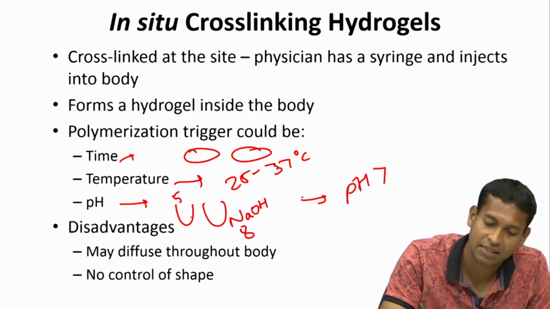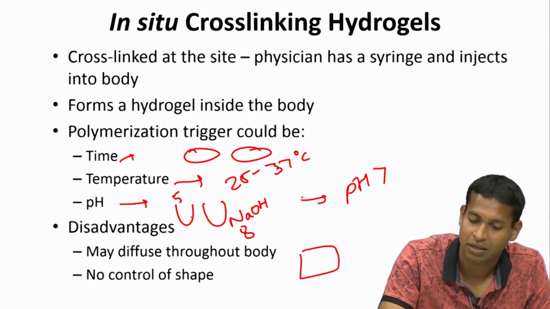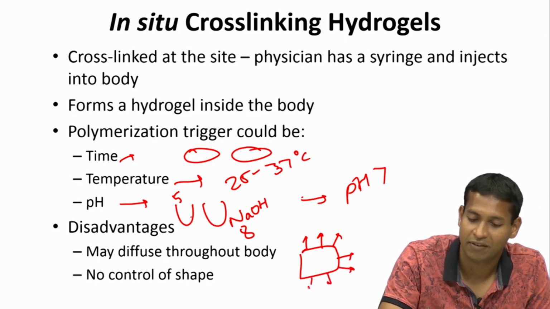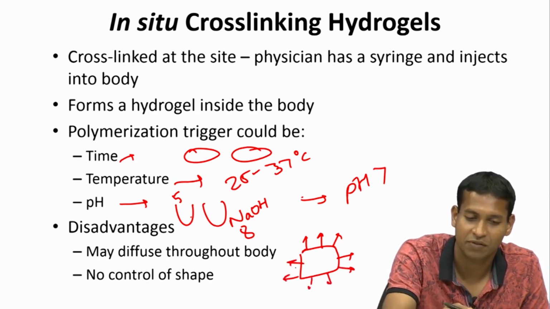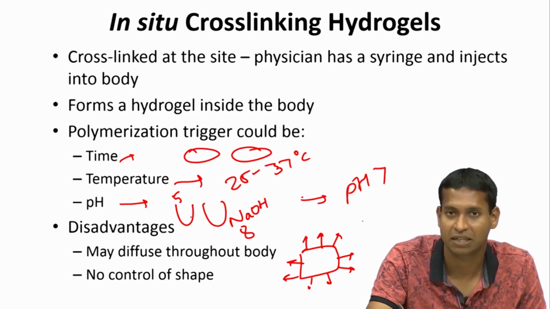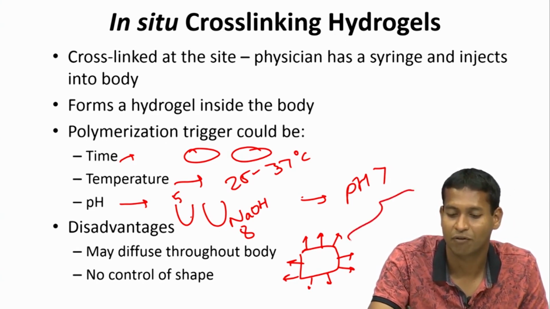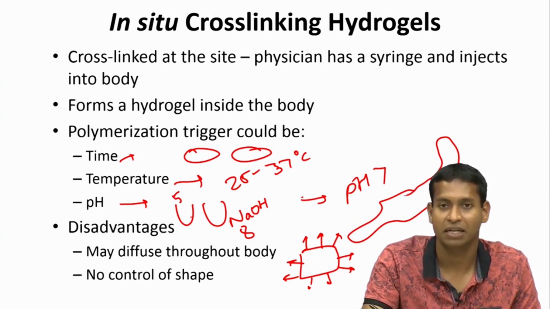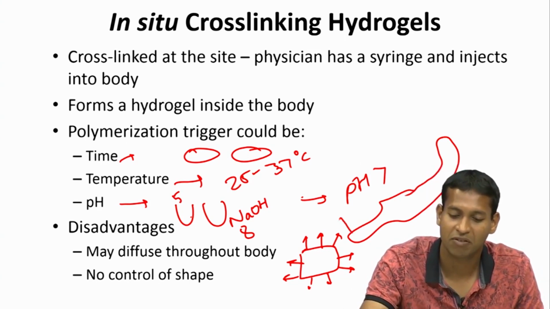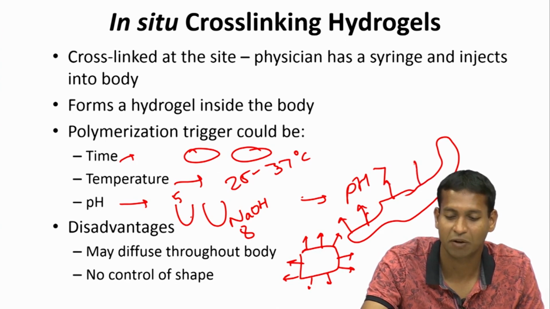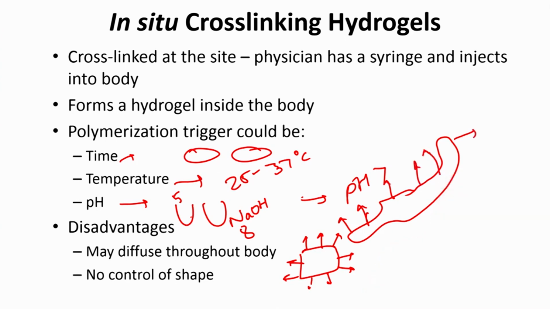So, if the area is compact and the drug is only coming out from this much surface area, you will have a different release rate, whereas in case of in situ cross linking, what will happen is once you inject it into the body, it can take whatever weird shape it flows in before it polymerizes, and now you have a much larger and much more irregular surface area through which the drug can start to diffuse out, right. In this case it is very hard for me to model how much drug is going to come out in a particular amount of time. So, these are some of the challenges.